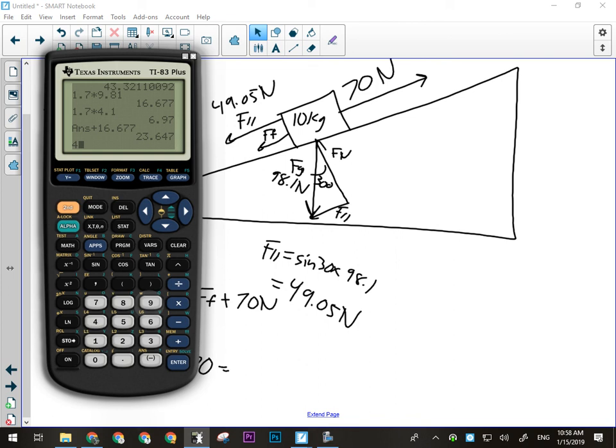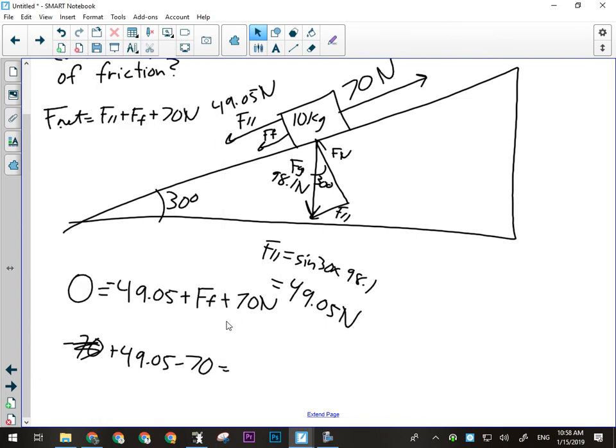So we have 49.05 minus 70, and we got that the force of friction is negative 21 newtons. Everybody all right with that? Okay. What else?